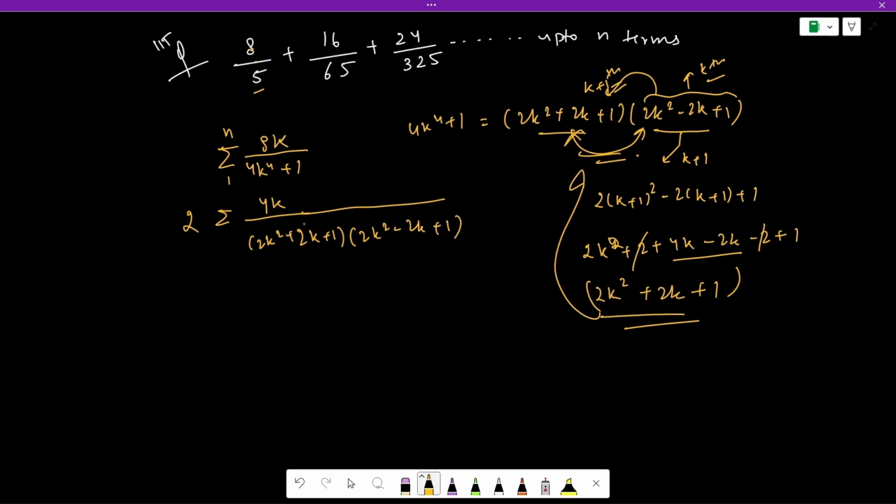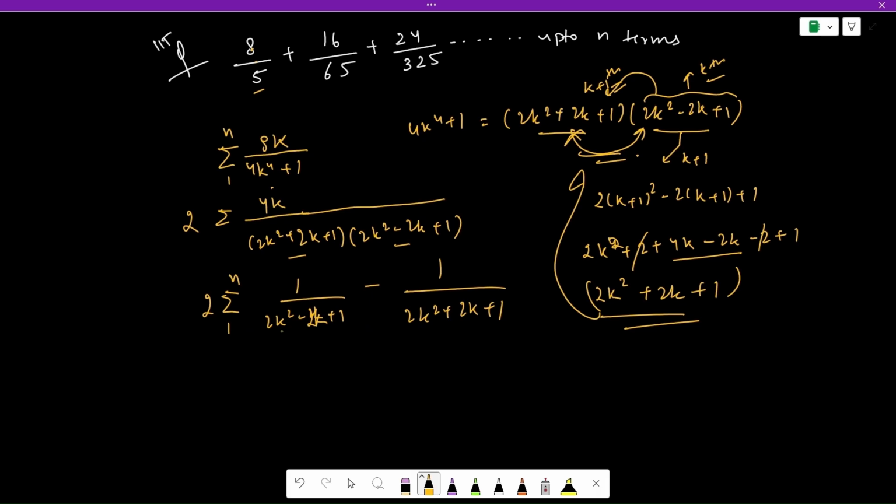Right, now let's break it. We will write 4k as this minus this and then split it. So it will be 2 summation of 1 by (2k square minus 2k plus 1) minus 1 divided by (2k square plus 2k plus 1), 1 to n.